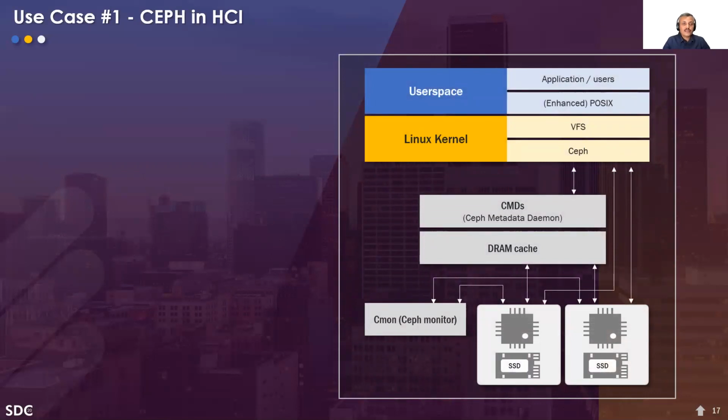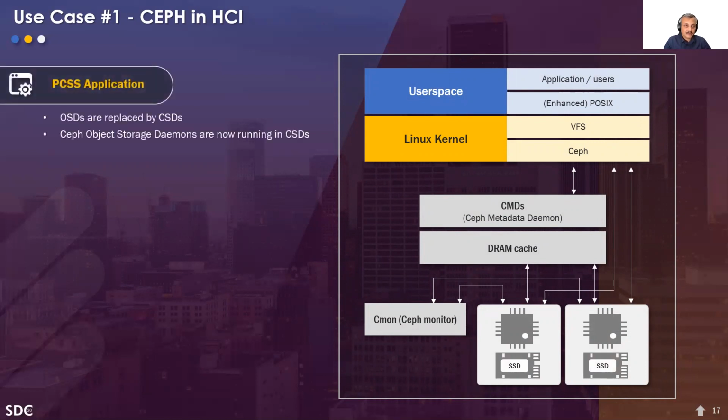The first use case which I wanted to talk about is Ceph. People familiar with Ceph know that the bottommost layer of the Ceph system is the object storage devices. Now, these object storage devices can be replaced with computational storage devices.